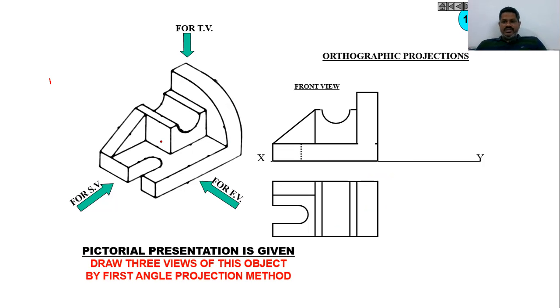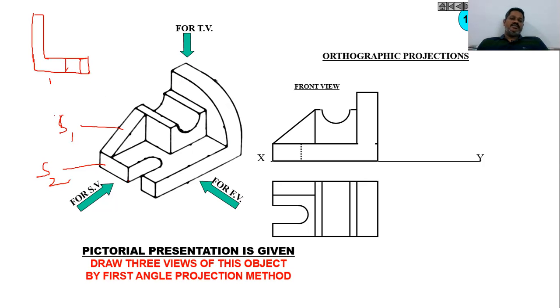Let me take, when you see from the left side of this figure, you can find this face. I'm taking this as S1 here, and similarly you can also find this face, S2. This face and this face you will find exactly like this, and even though it is an inclined plane, it looks like a rectangular face, and we will find one slot that looks like this.